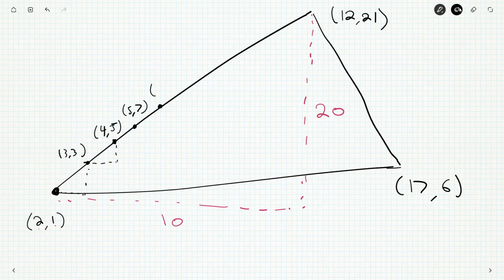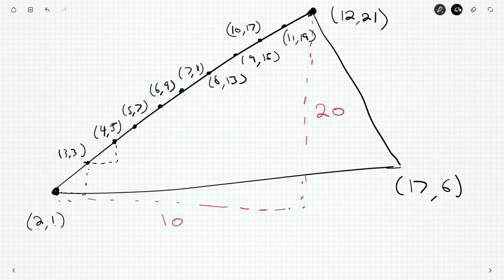I can work them all out here, or I could realize the pattern and count them out, but I'm going to draw them all out to illustrate that this really is how it works. So (5, 7), (6, 9), (7, 11), (8, 13), (9, 15), (10, 17), (11, 19).